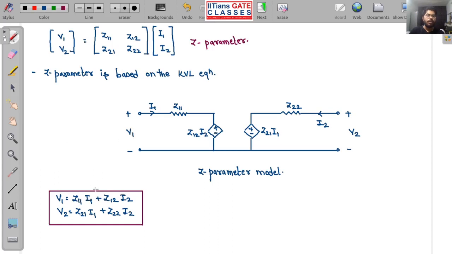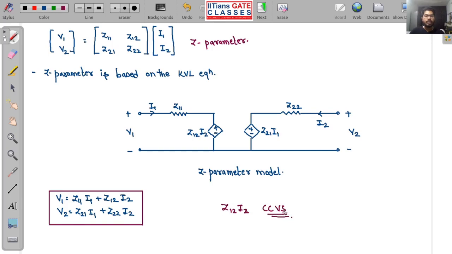V1 is equal to Z11 I1, so if I start writing my KVL from here, V1 equals Z11 I1 plus Z12 I2. What is this Z12 I2? What kind of amplifier is this? This is basically a current controlled voltage source.